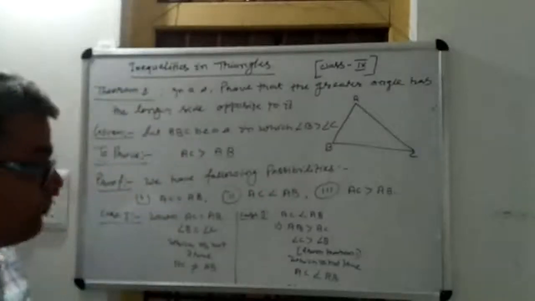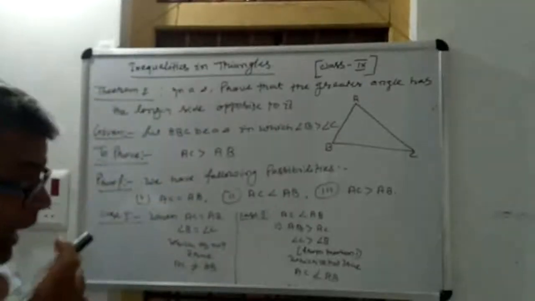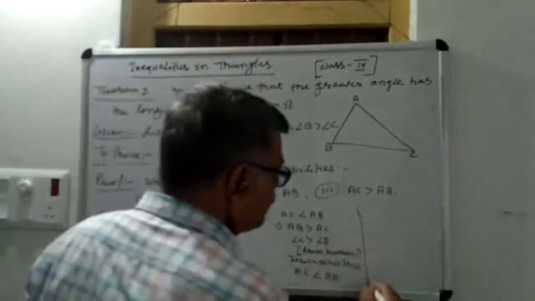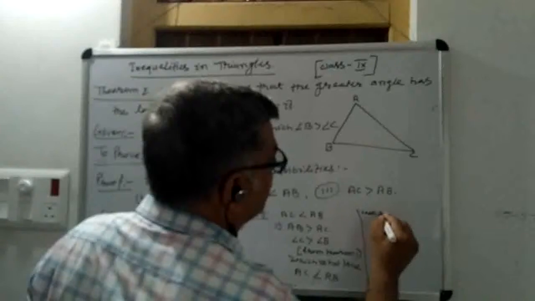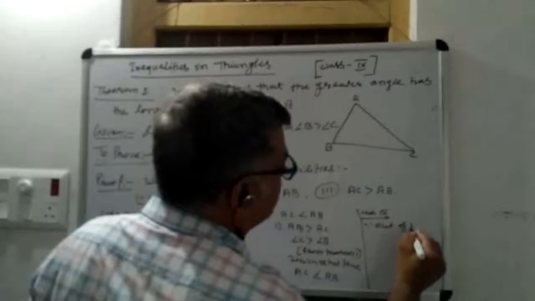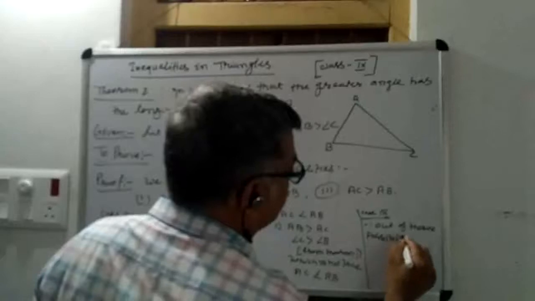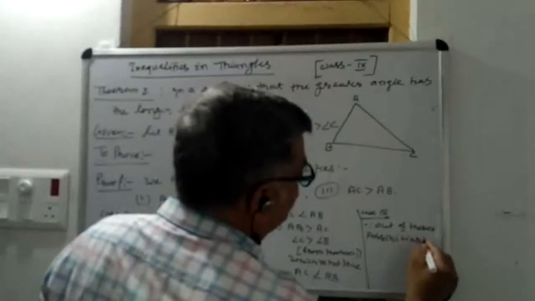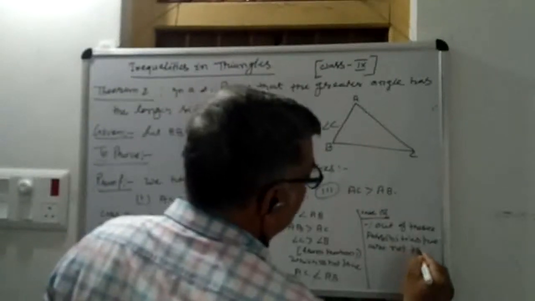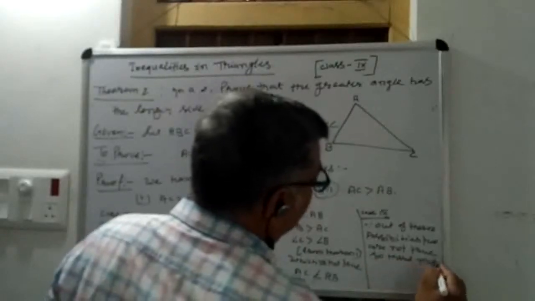And now since out of three possibilities, two possibilities are not true, it means that the third one must be true. So you write here in case 3 that since out of three possibilities, two are not true, so third must be true.